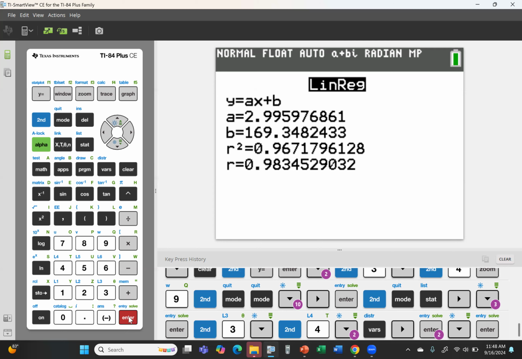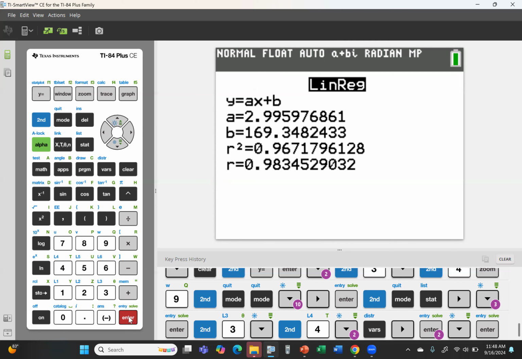So the slope of this linear function is approximately 3, correct? Even if I were to round off to 2 or 3 decimal places, it's going to round up to 3. The y-intercept, where this thing crosses the y-axis, is 169.348. And then we've got some information here, r squared and r, which we'll talk about in a moment.